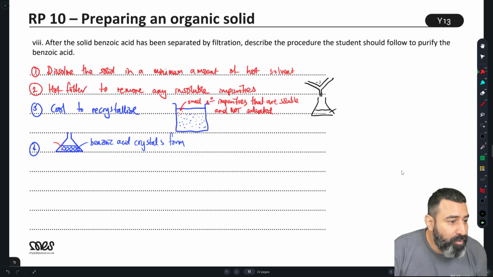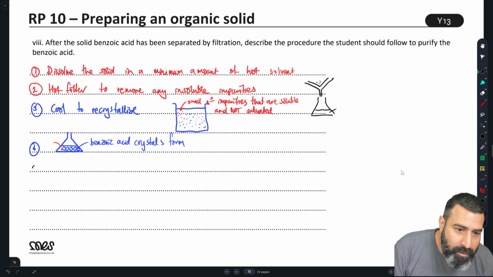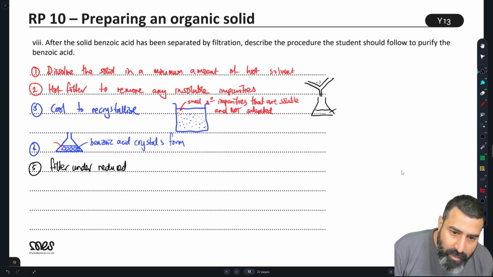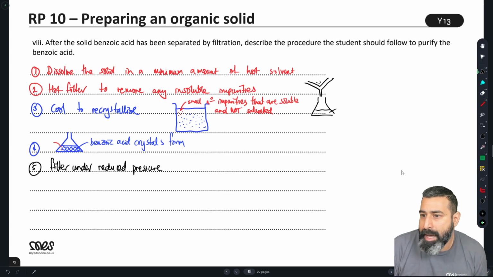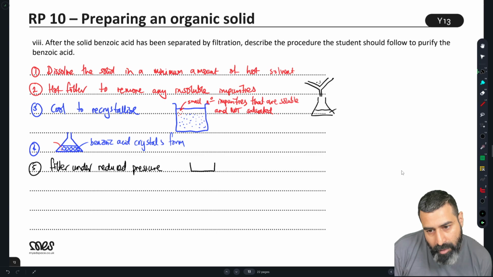So then to remove those, how are we going to remove those soluble impurities? Well, what we can do next is filter. So then we can filter under reduced pressure using a Buchner funnel and a conical flask with a sidearm, which is attached to a pump or a vacuum. So then once we filter under reduced pressure, what's going to happen is, here's my Buchner funnel. Not the best drawing.